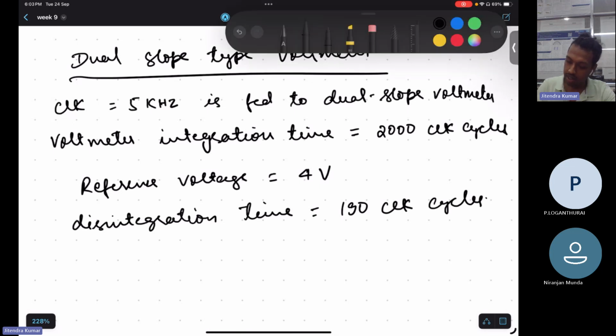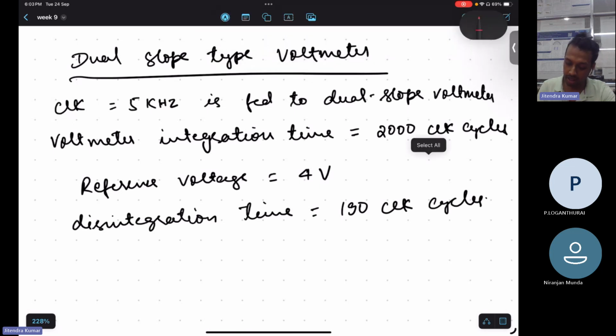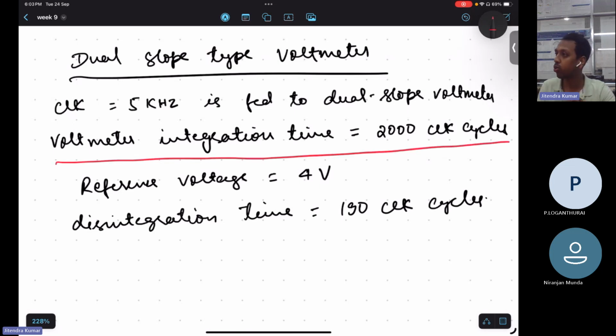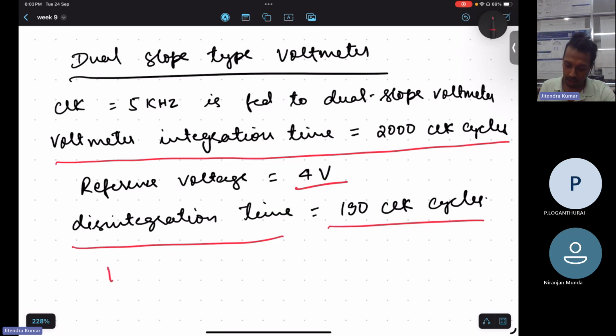So this is the integration, which is 2000 clock cycles with the unknown input voltage, which we have to find. And this is the disintegration time of 190 clock cycles with a reference voltage of 4 volts. And we have to find out the input voltage. Okay, so that is our problem.